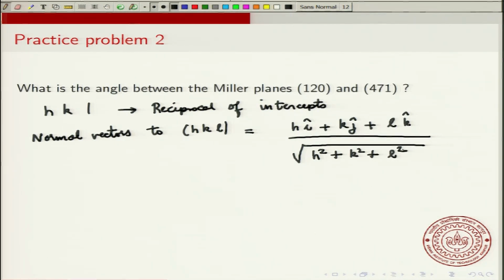That is the unit normal vector to the plane hkl. And the angle between two planes is equal to the angle between normals.